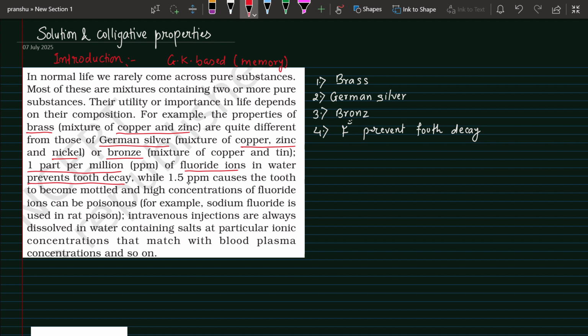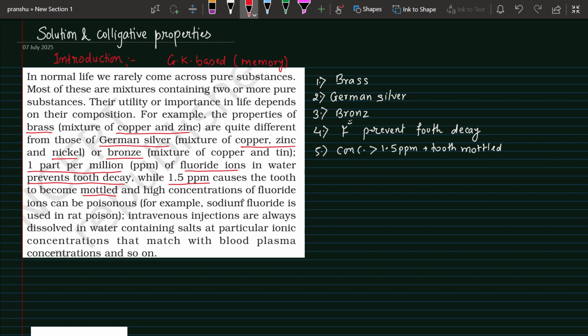But if we increase the concentration greater than 1 ppm, then teeth become mottled. If the concentration is greater than 1.5 ppm, then the tooth is mottled.